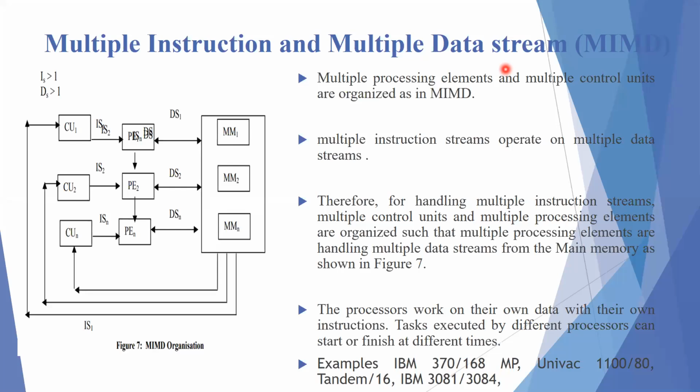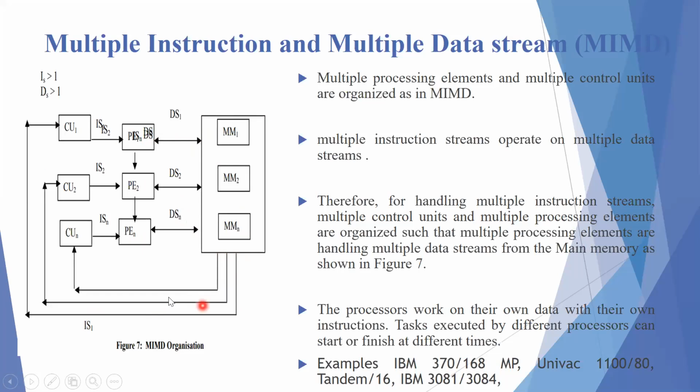If you just see here, we have multiple control units, and each control unit is issuing a signal to a respective processing element, right? And each processing element is operating upon a separate data stream as well, right? From the main memory, this is instruction stream 1, which is going to control unit 1.